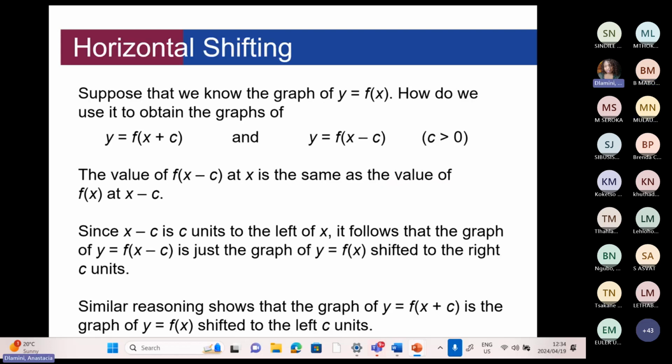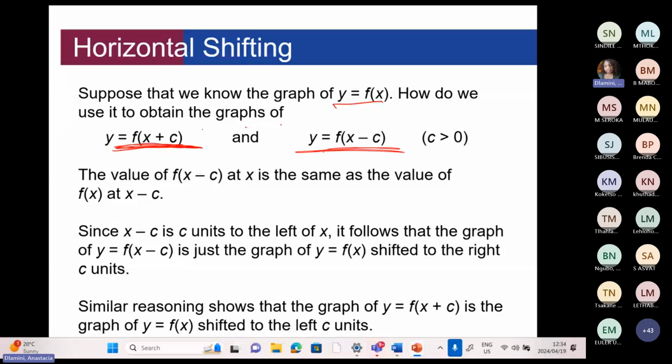Suppose that we know that the graph of F of X is this. How do we use it to obtain the graph of F of X minus C? So which value is changing here, guys? Y or X? The X value. The X is changing.